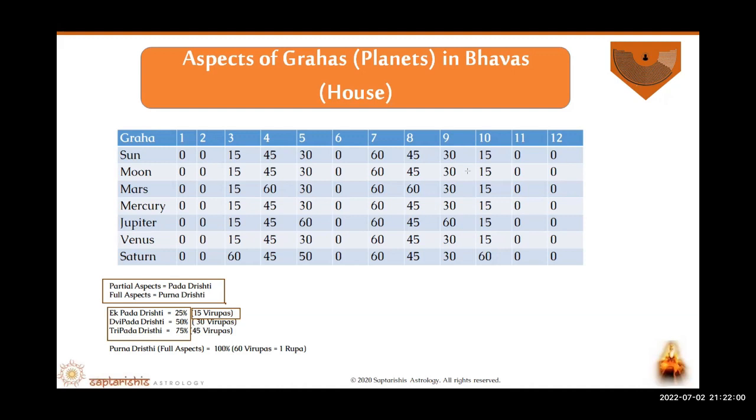Rashi is nothing to do with stars and all these things, collection of constellations. Rashi simply in mathematical language means 30 degrees.